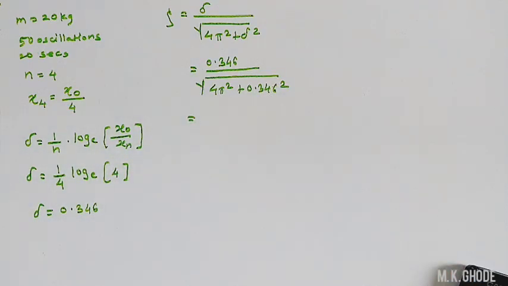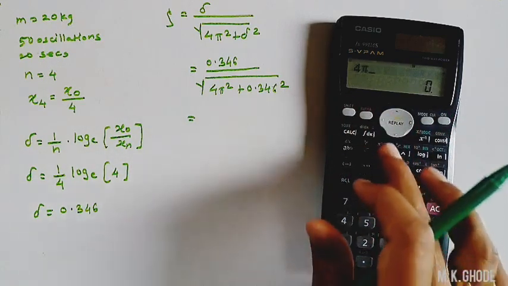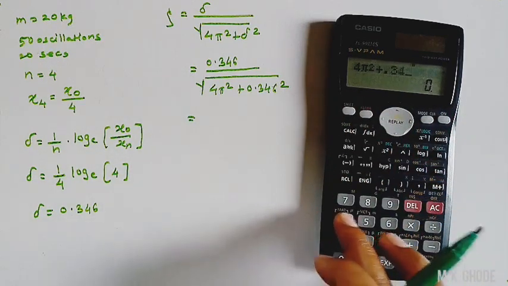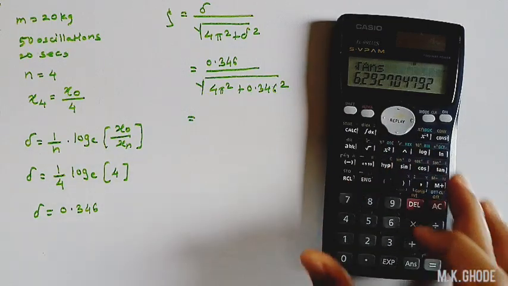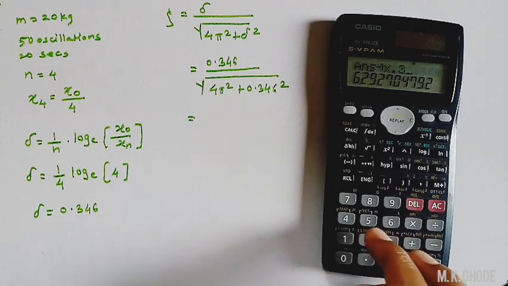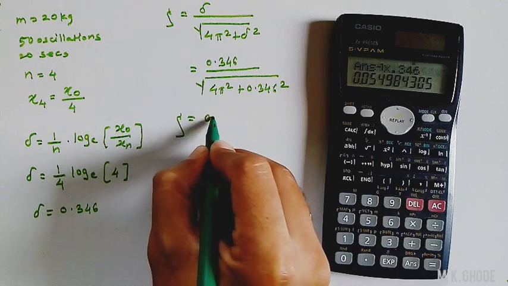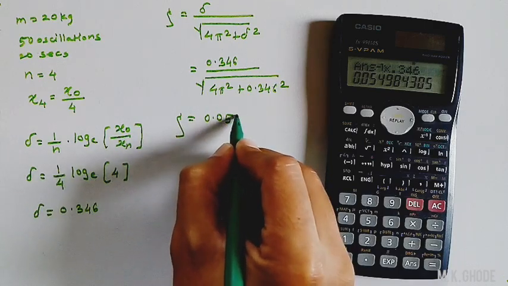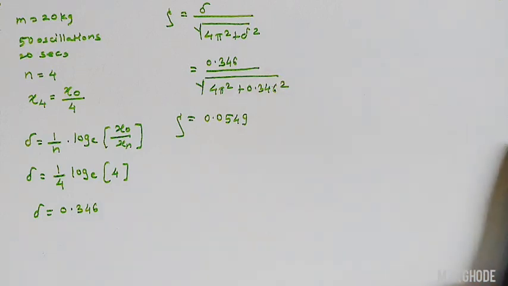Solve this, and you will get the value of zeta. So the value of zeta is 0.0549.